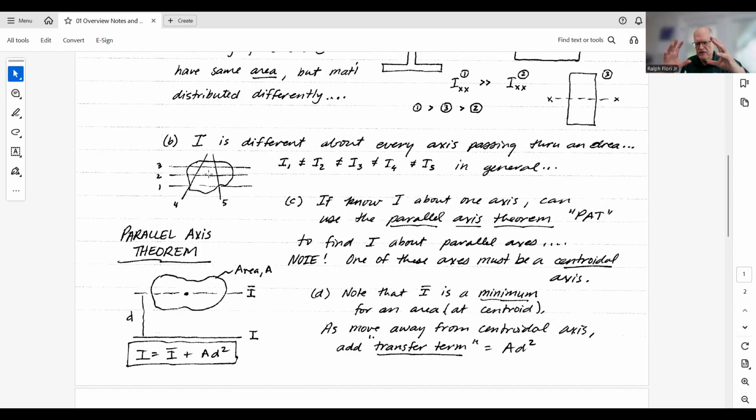So if that axis is close to the area, all of the distance squared times dA terms are going to be smaller. Looking at this shape, axis 2 passes close to the centroid of this area, so I about 2 is going to be smaller than an I about the 1 axis or an I about the 3 axis.